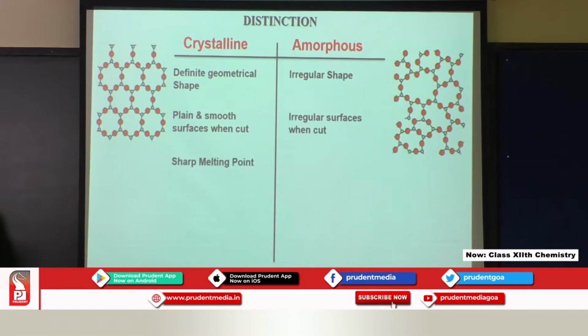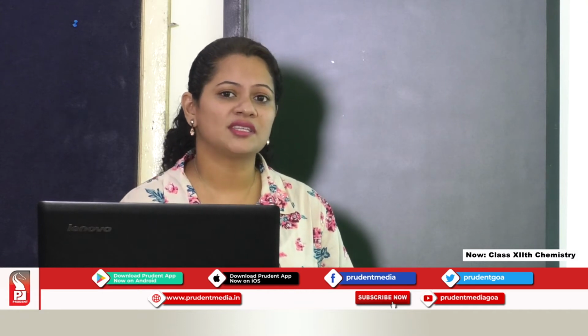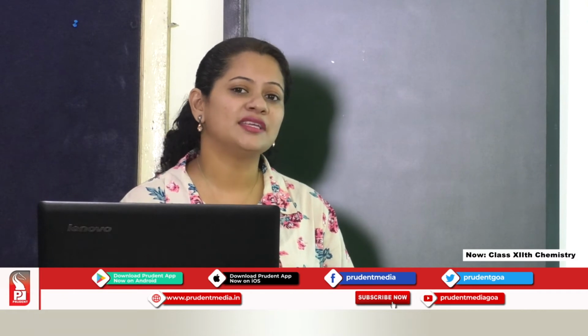A crystalline solid has a characteristic sharp melting point, while amorphous solids soften over a range of temperature. Crystalline solids are called true solids, while amorphous solids are called pseudo-solids or supercooled liquids. This is because amorphous solids are known to flow like liquids, though it is at a very slow pace.